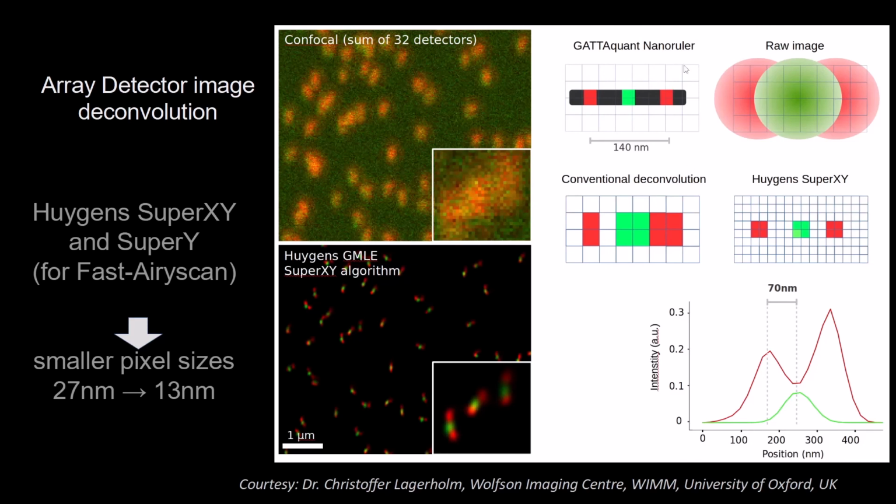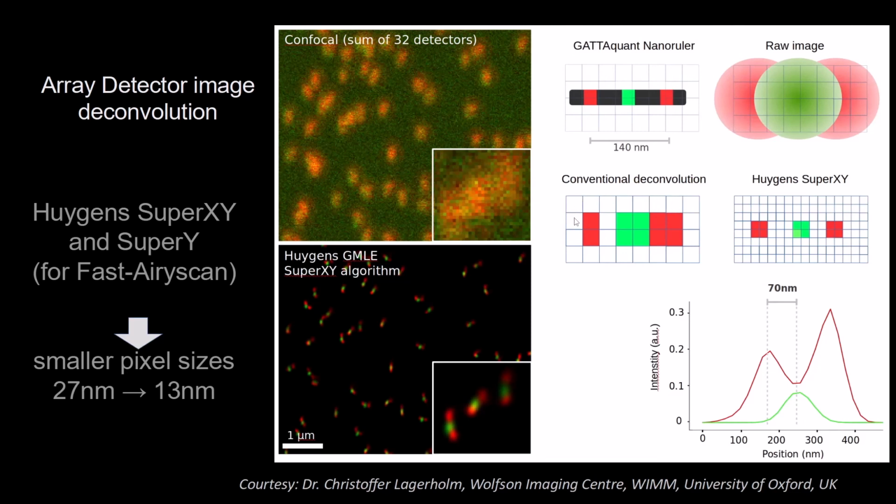Suppose we have here a GATTAquant nano ruler with 2 fluorophores at the end of similar color, and one of a different color in between. They're 140 nanometer spaced, so 17 nanometer and 17 nanometer, that's the one in the middle. We take a raw image, and we see here the blurred version with the pixels projected on top of it.